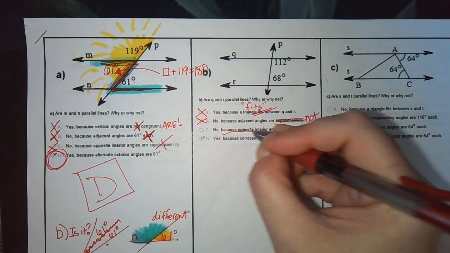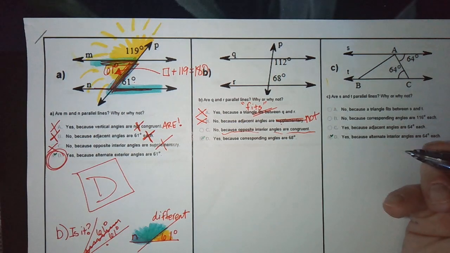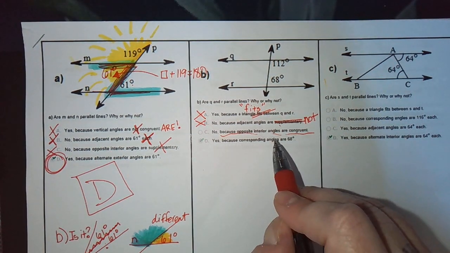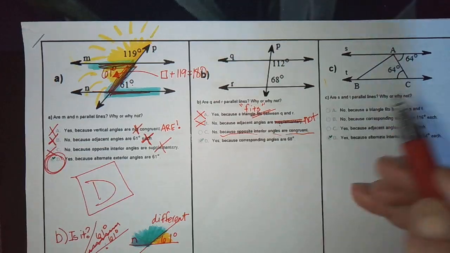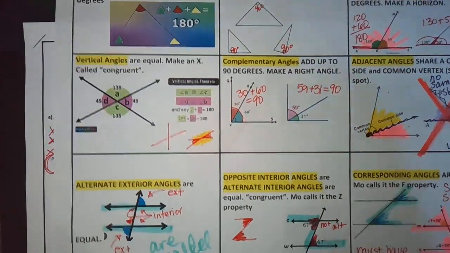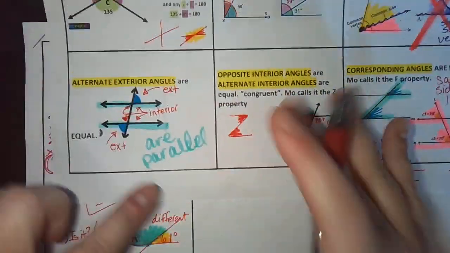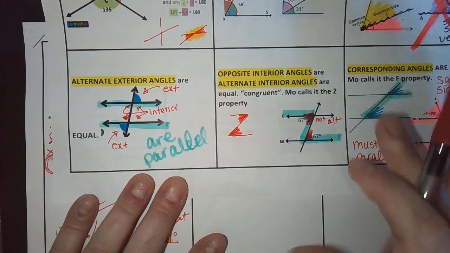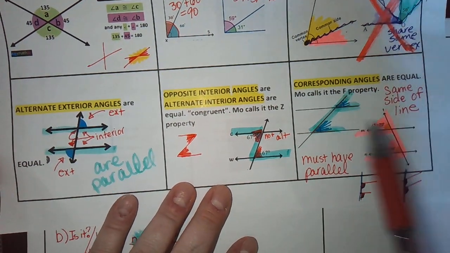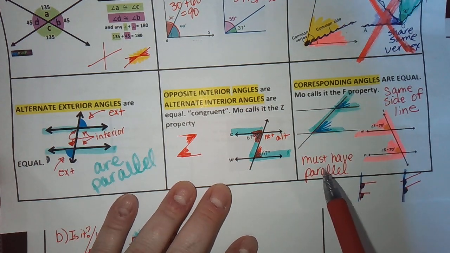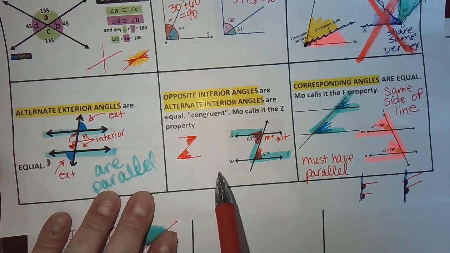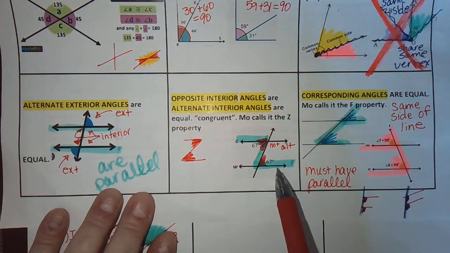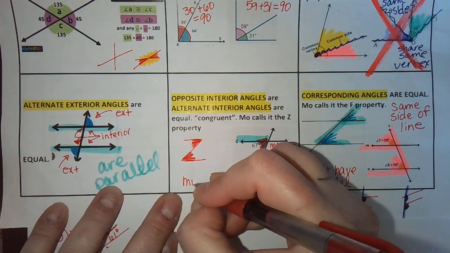So the words look good. But over here on this alternate exterior, remember I told you that these two side-to-side lines have to be parallel? And on this corresponding, I told you those two side-to-side lines have to be parallel. I forgot to tell you here. On opposite interior, those two side-to-side lines have to be parallel.